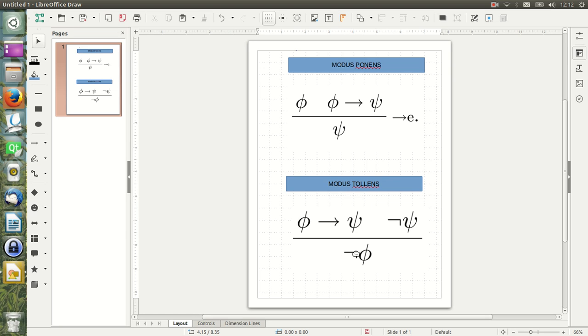Or for example, if the car has black smoke, it means that the gasoline is not burned correctly. But if the gasoline is not burned correctly, it means that the car has combustion problems. Okay.